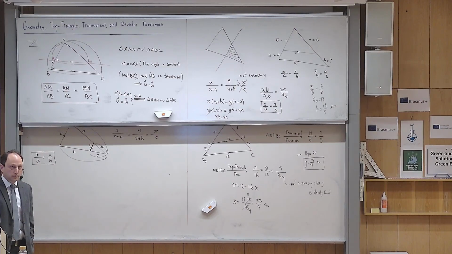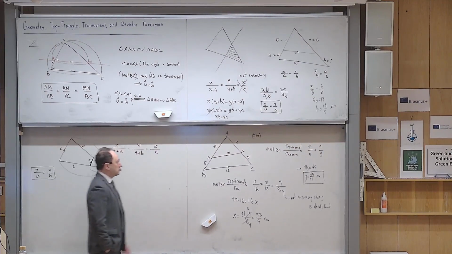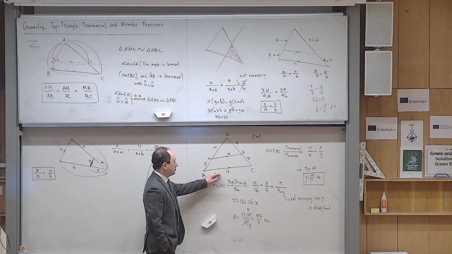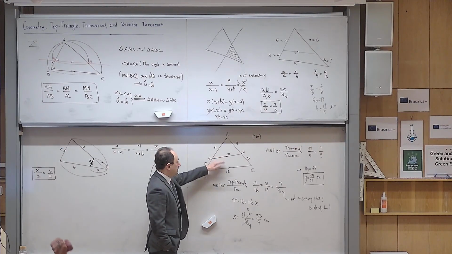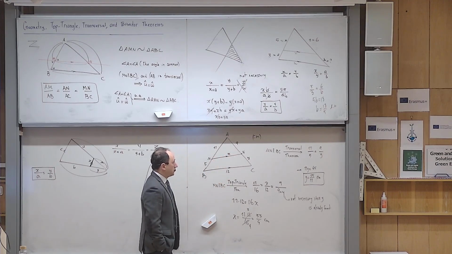Is that understandable? If I want to summarize, you have two theorems related to the case that you have a line parallel to a side of a triangle. It doesn't matter which direction it is in. You can write two things.